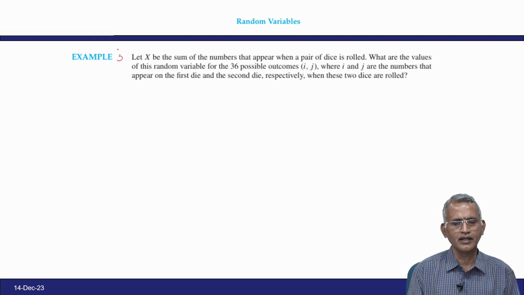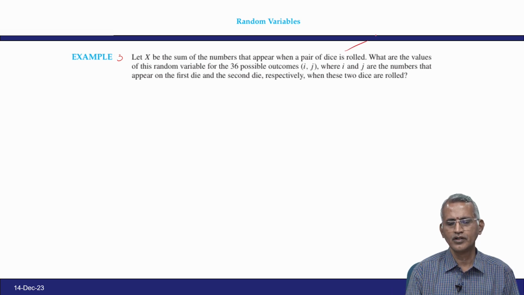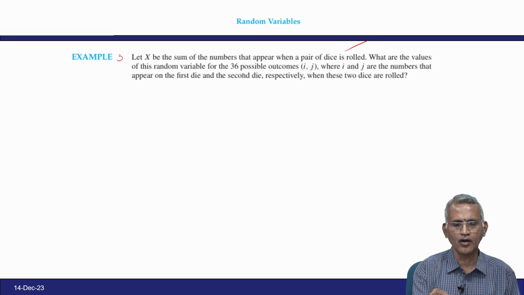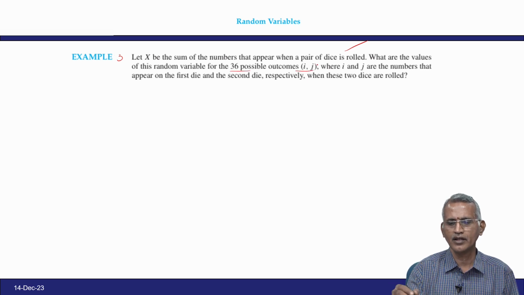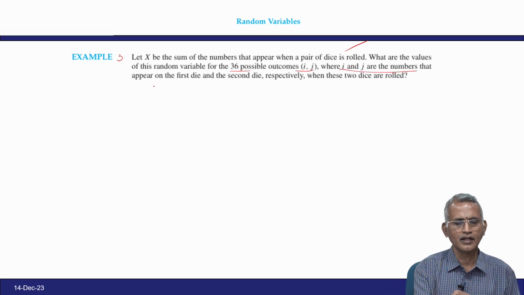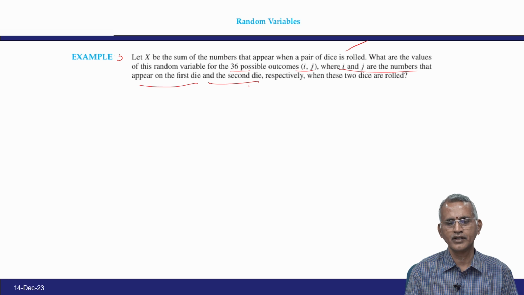Let X be the sum of the numbers that appear when a pair of dice is rolled. What are the values of this random variable for the 36 possible outcomes (i, j), where i and j are the numbers that appear on the first die and the second die respectively when these two dice are rolled?